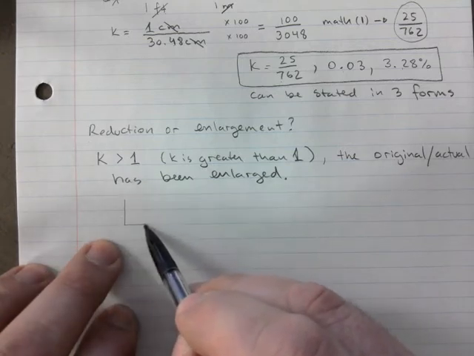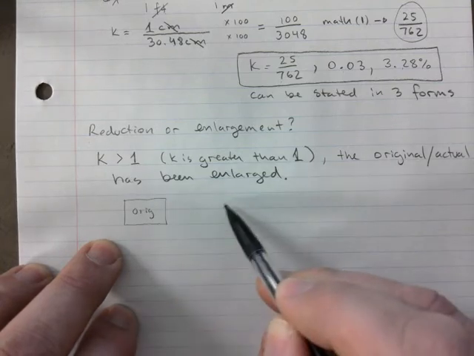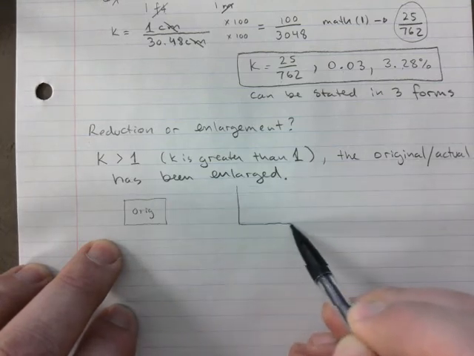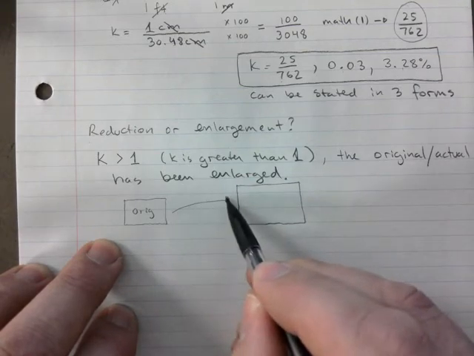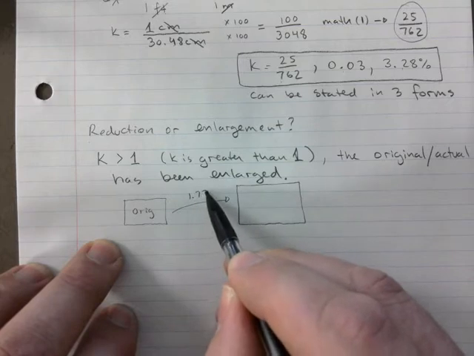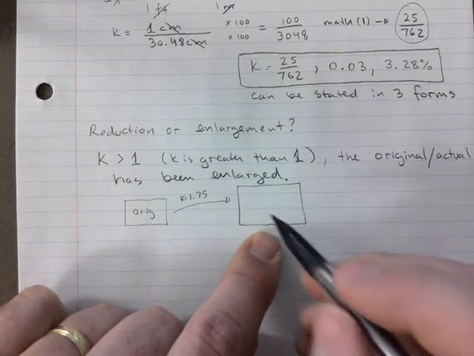So if this is your original, then let's say k is 1.75, then you will have an enlarged.